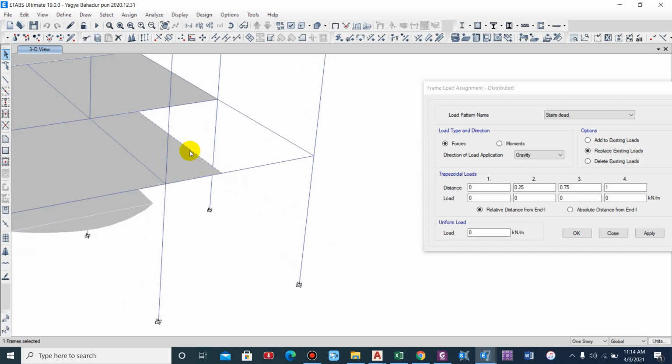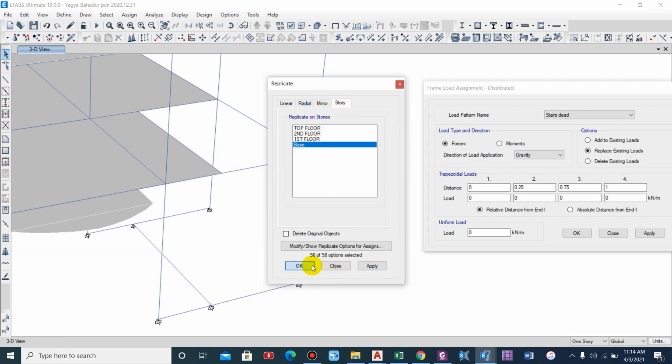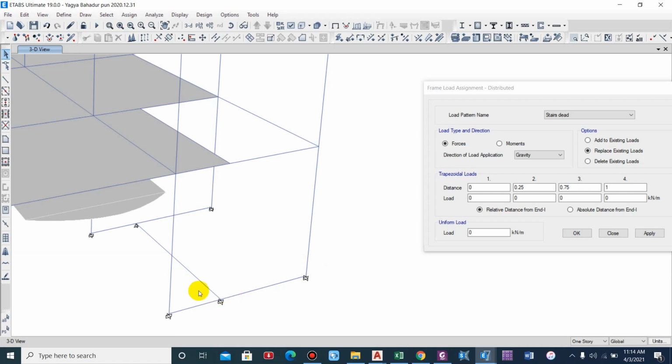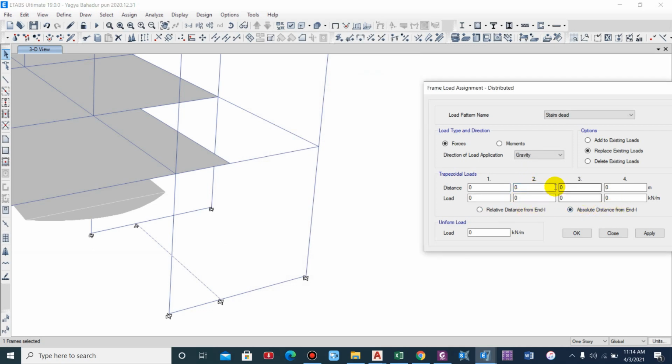Okay, let us draw the plinth beam as well. Replicate. We'll start from this point. So the staircase starts from this point, and this is end J. What is the dimension? 3.683 absolute distance from end I, and this will be 3.683 minus the width of the staircase, 1.27.